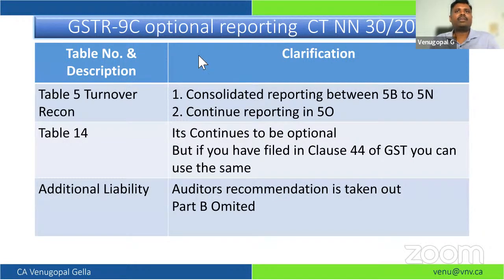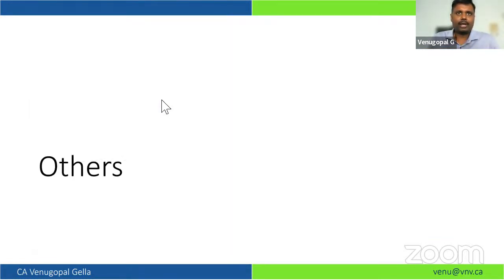In table 5, if you cannot segregate the detailed breakup, you can put everything under 5O. Table 14, the expenditure wise split, they said it is optional, but if you have reported in clause 44 of 3CD, you should be able to use the same. All right.